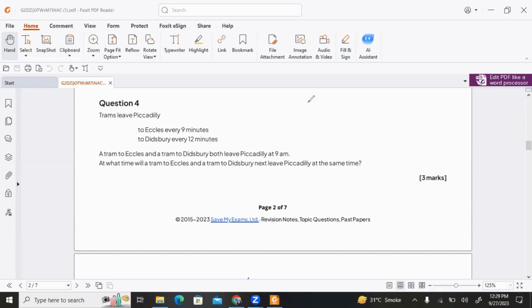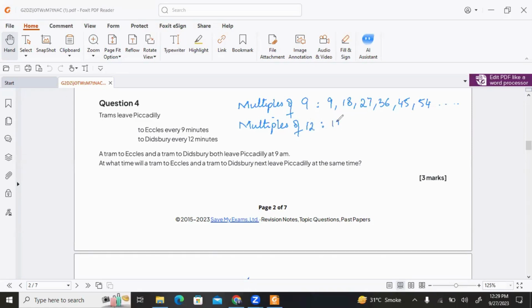So we're going to start writing the multiples of 9. Multiples of 9 are 9, 18, 27, 36, 45, 54, and so on. So let's stop at this for now. Now we write down the multiples of 12.